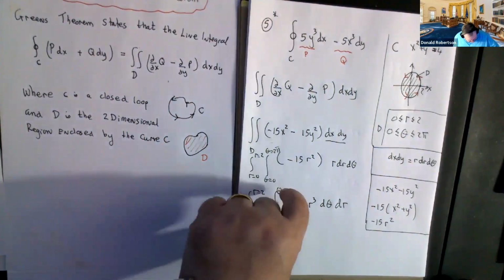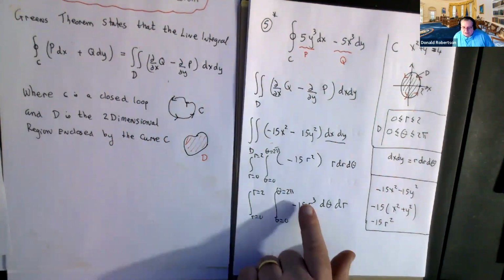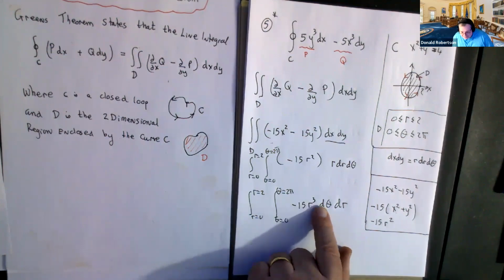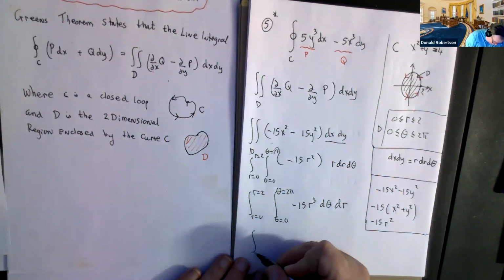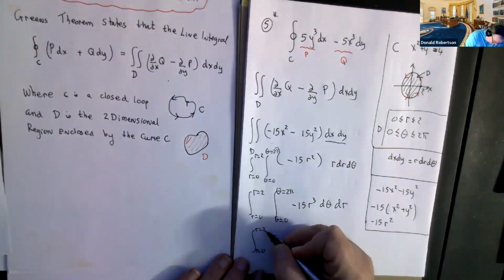Now, since the limits of integration are all numbers, and this expression doesn't even have a theta in it, we can change it into two separate integrals.